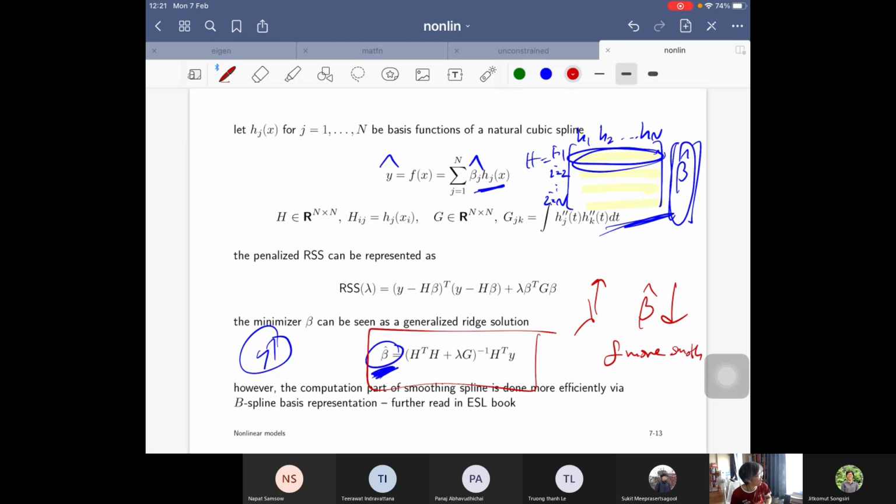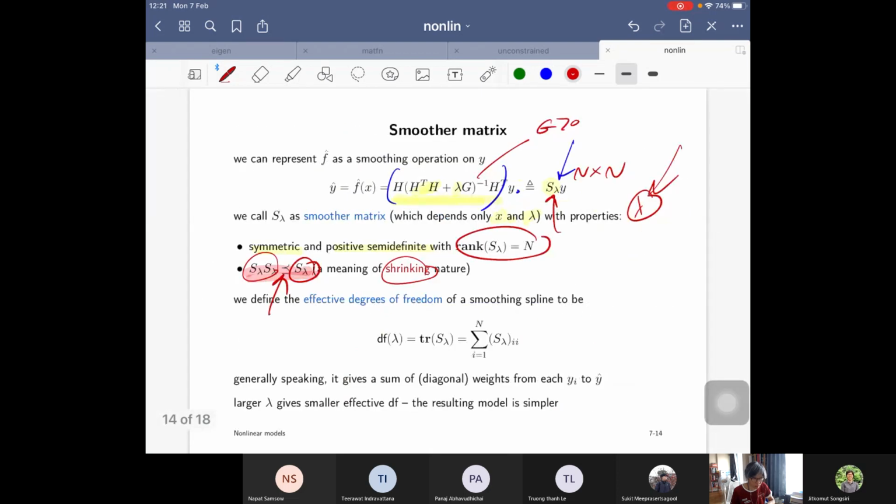By varying lambda, when lambda is really big, your f is going to tend to a straight line. So as lambda gets bigger and bigger, your model flexibility decreases. Everyone convinced? Everyone is okay with this?